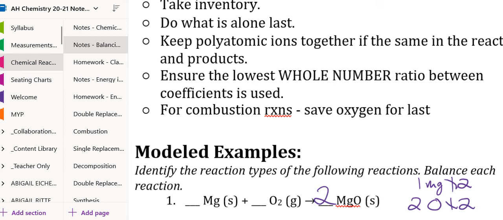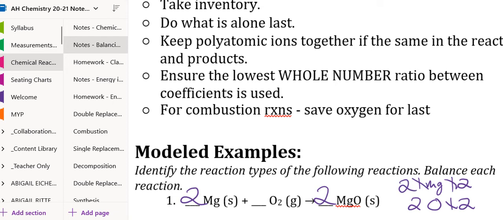But now that I put the 2 there, what has it done to my magnesiums? They're not balanced. So what do I need to do to balance the magnesiums? Put a 2 in front of magnesium in the reactants. Very good. So now how many magnesiums do I have in my reactants? 2.